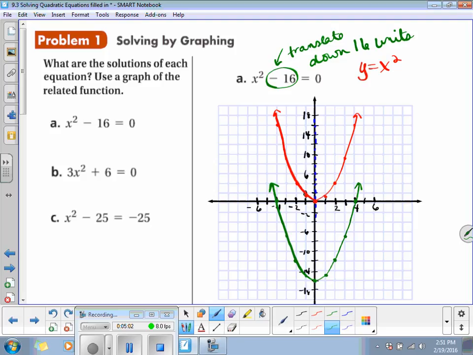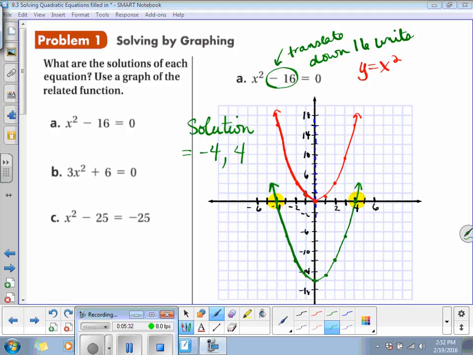Now, we want to know what are the solutions. Where do they cross the x-axis? At -4 and +4. Very good. So the solutions of the first equation are -4 and +4.